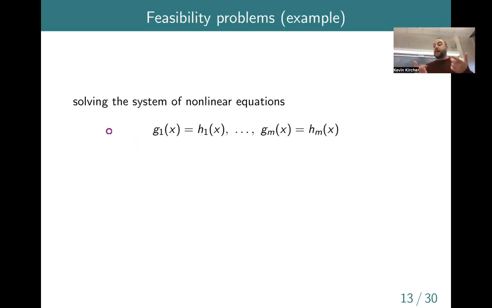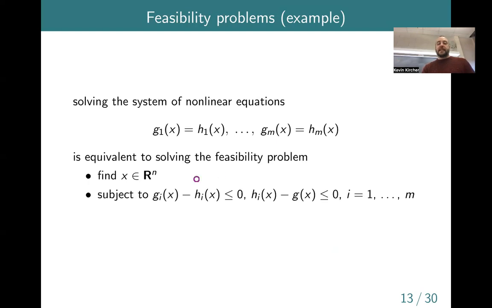To show how optimization is pretty challenging, think about solving a system of m nonlinear equations, where m could be very large, say a billion. Solving that problem is super difficult in general for general nonlinear functions and high dimensional variables. But that's a feasibility problem.